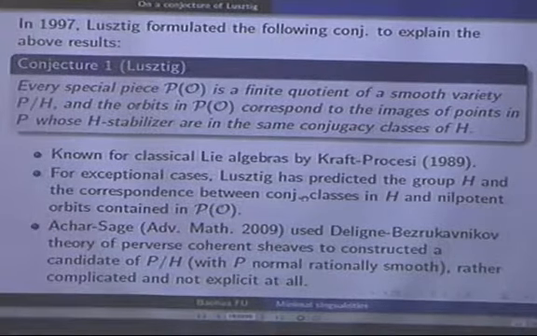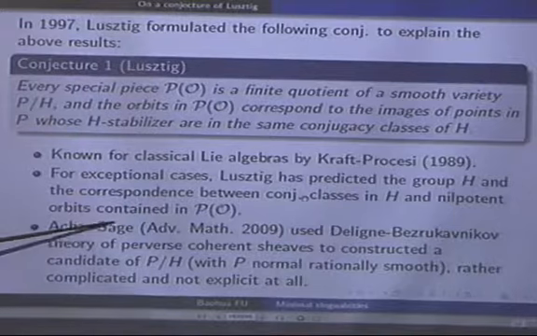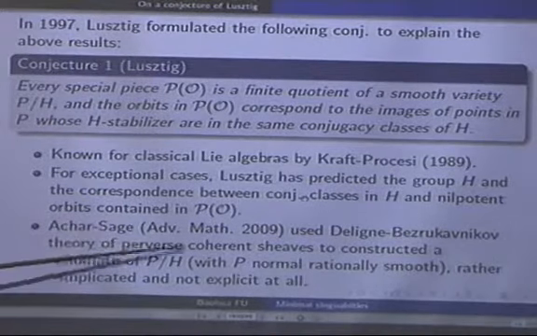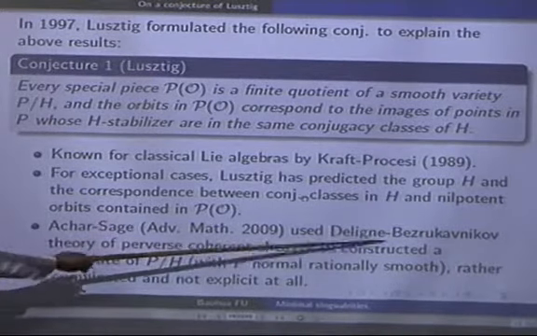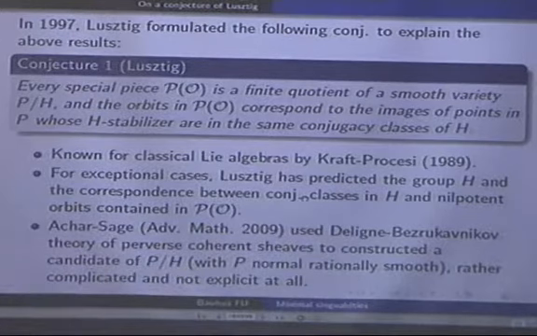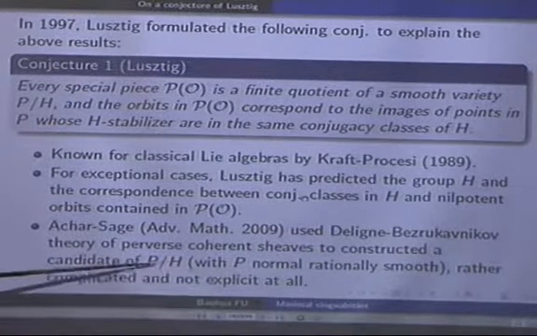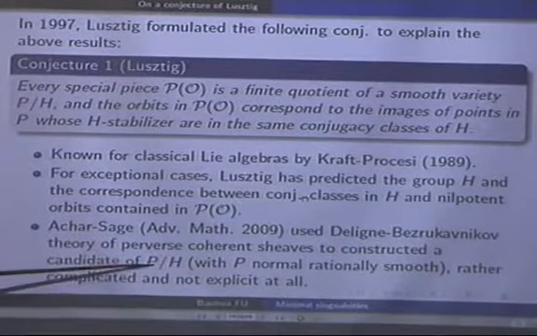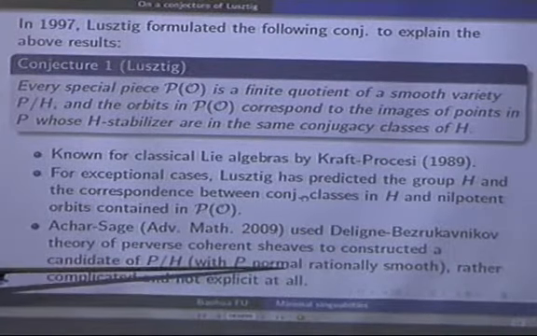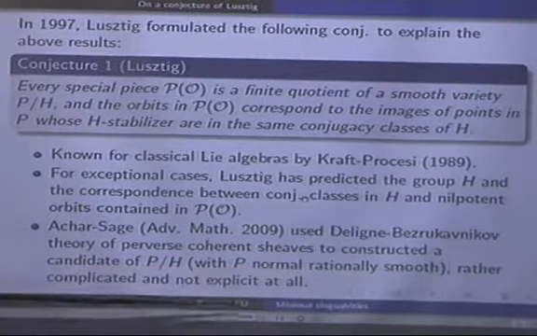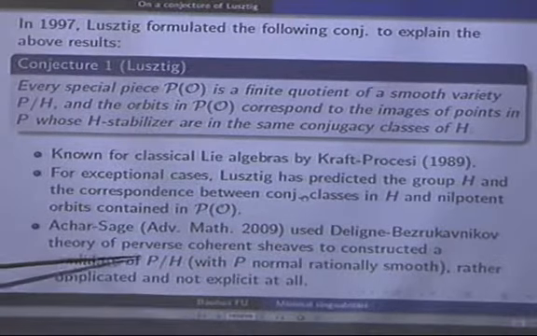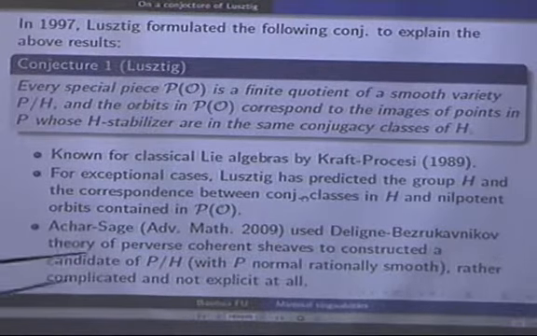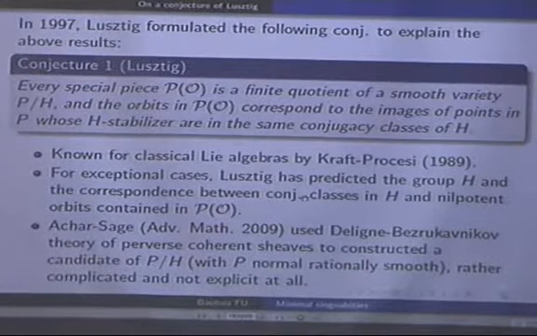And recently, Achar and Sommers, I don't know how to pronounce it. Last year they used the Bezrukavnikov series of perverse coherent sheaves to construct a candidate for this. But in the construction, the P is just normal, not known to be rationally smooth, and the P is very complicated. It's just the spectrum of some algebra.